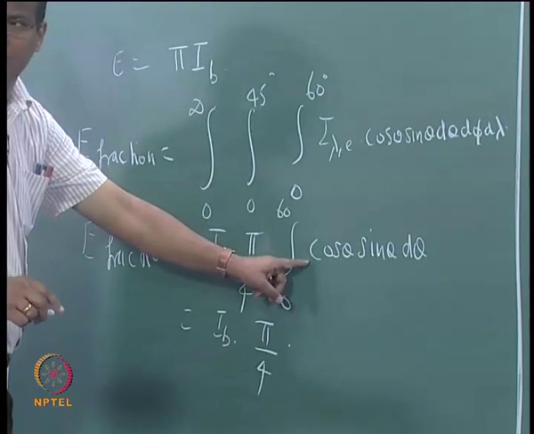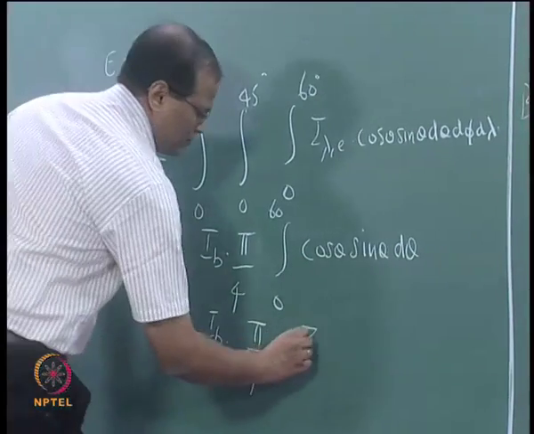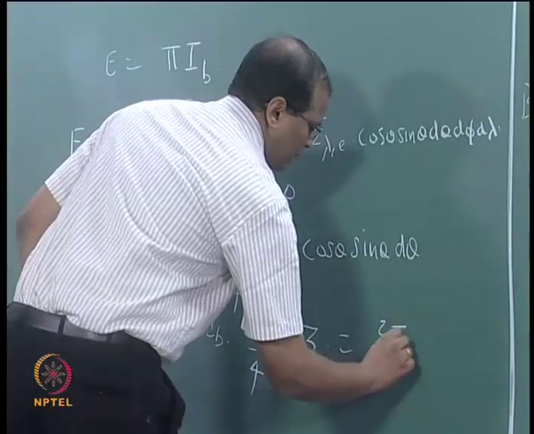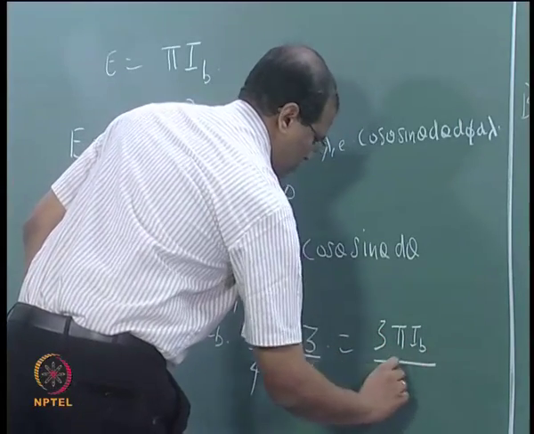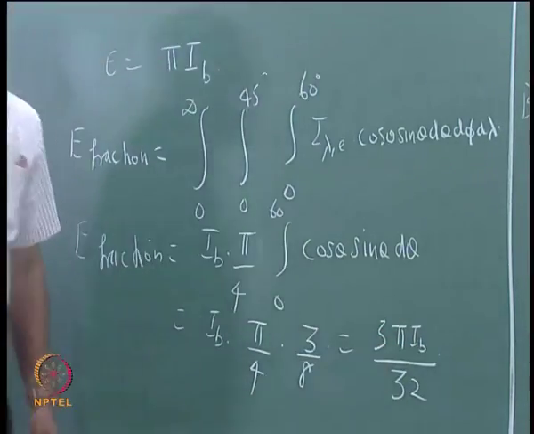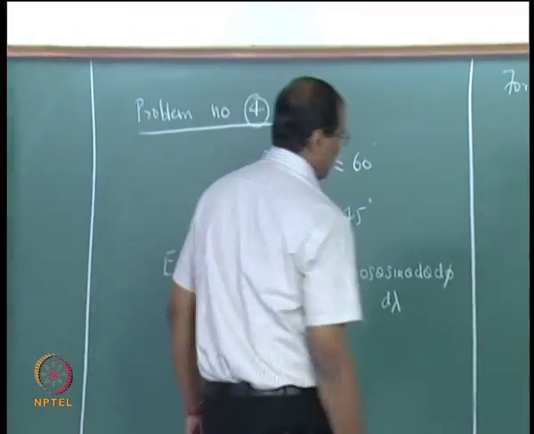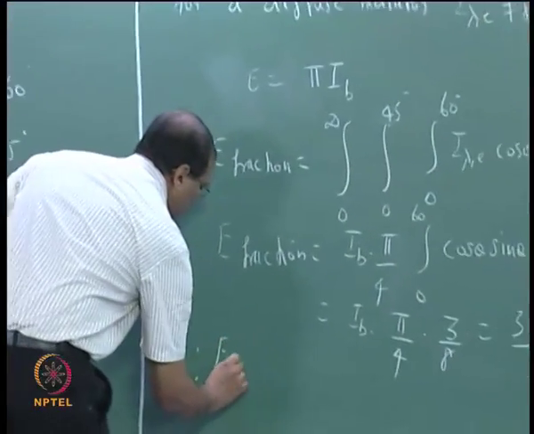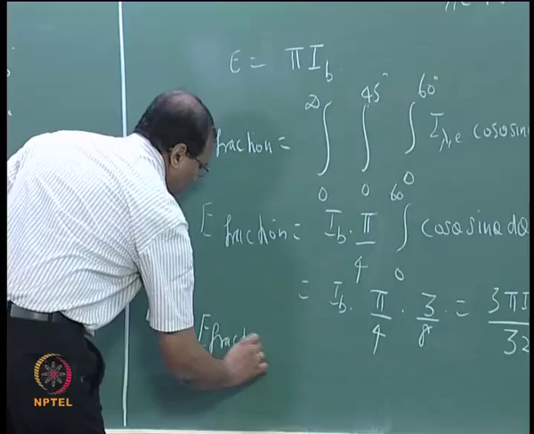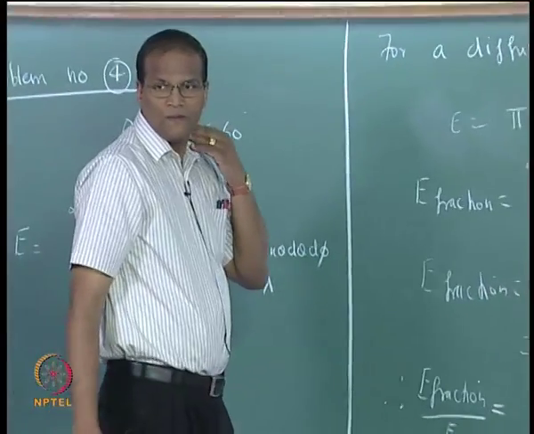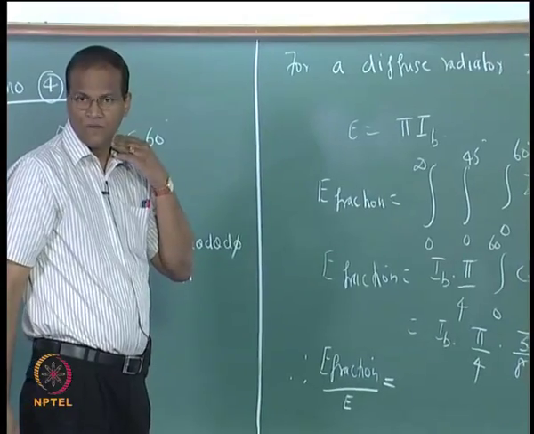This is 3 by 8, huh? Oh, okay. By 32, huh? So therefore E fraction by E is 3 by 32, huh?